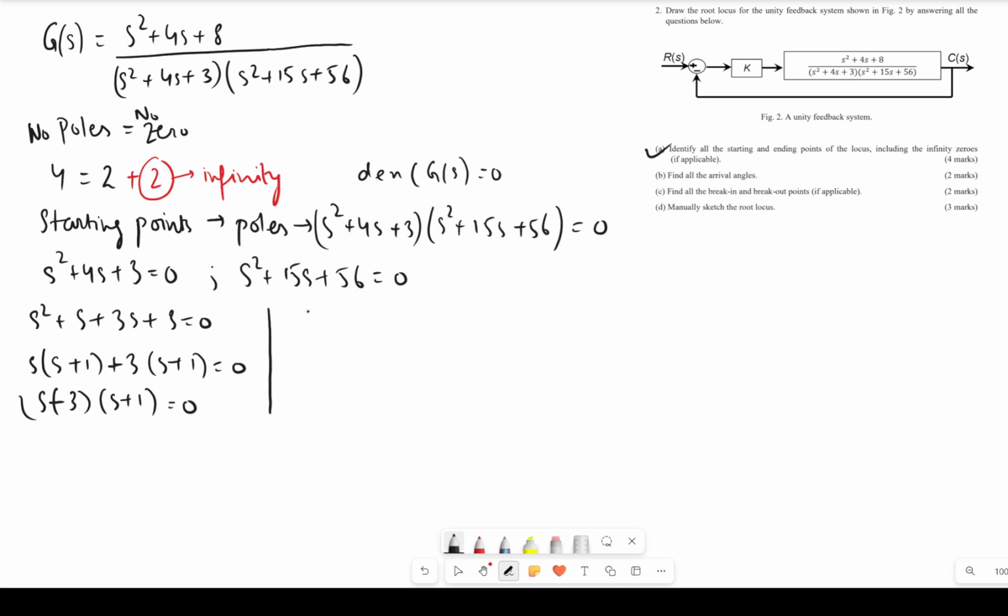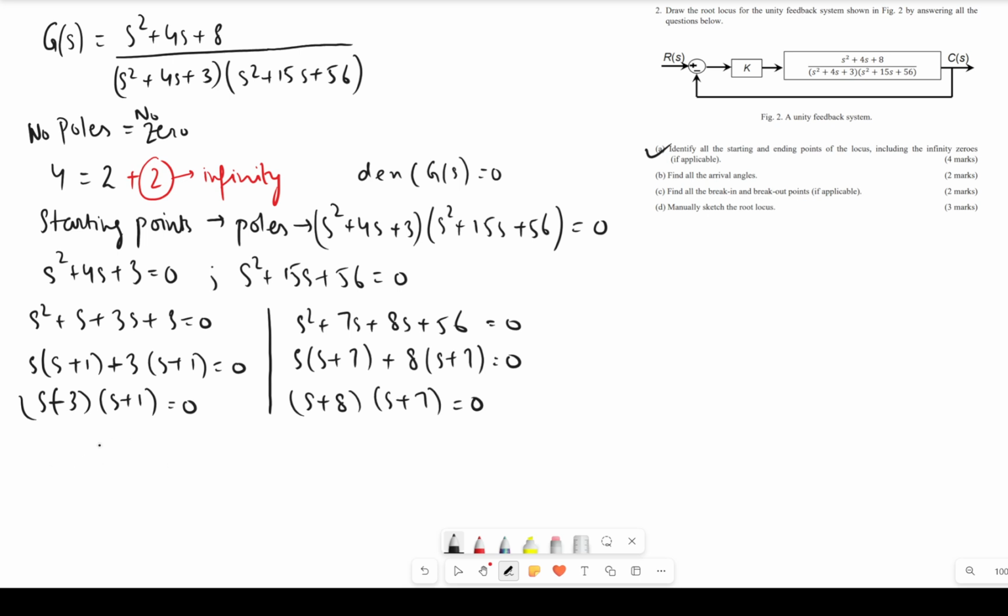Now we can solve this other one. s squared plus 7s plus 8s plus 56, so s(s plus 7) plus 8(s plus 7) equals 0, which means (s plus 8)(s plus 7) equals 0.